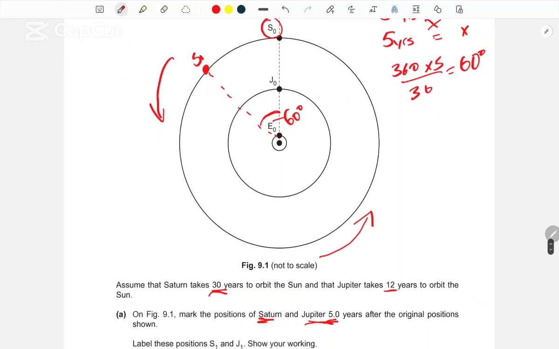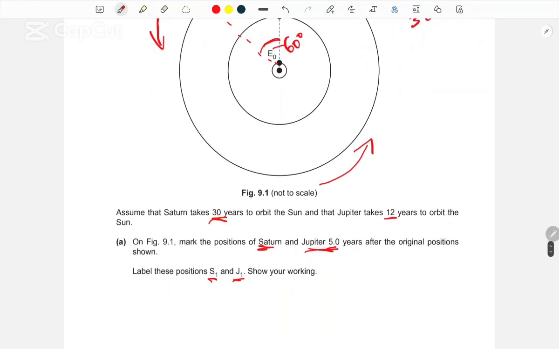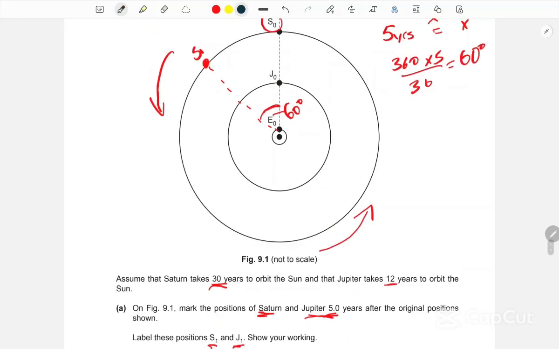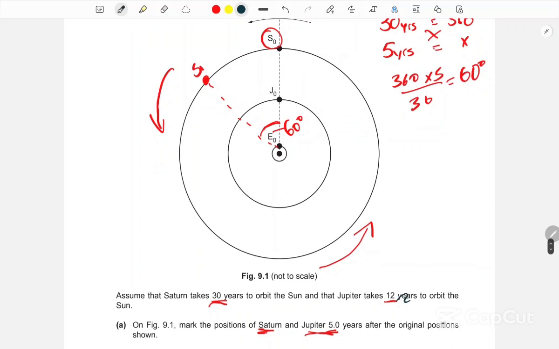And for Jupiter too, we do the same. Let me use another color for Jupiter. So we know that Jupiter takes 12 years. So in 12 years, it does 360 degrees, a whole circle. So that means in 5 years, it would do x.